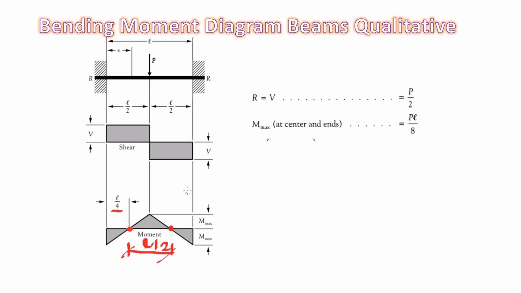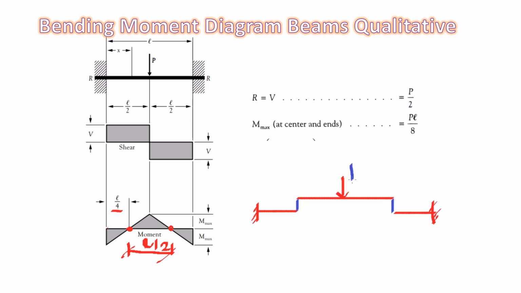So this can be made like one cantilever, the simply supported beam, and another cantilever, and the load is like this. So this is the point of contraflexure, that is the hinge location.